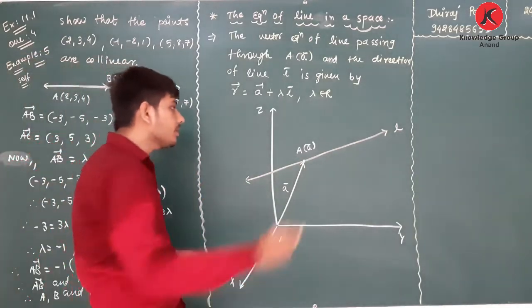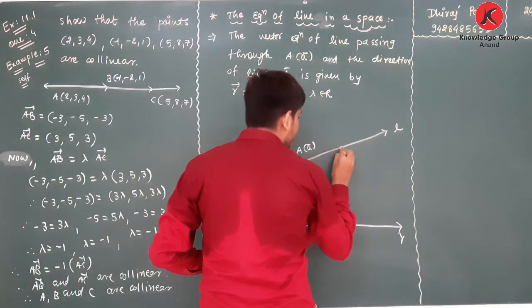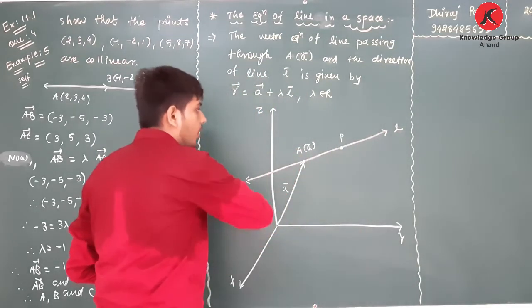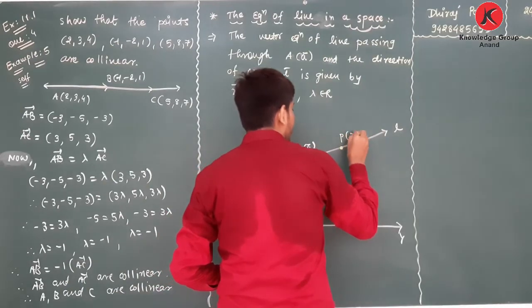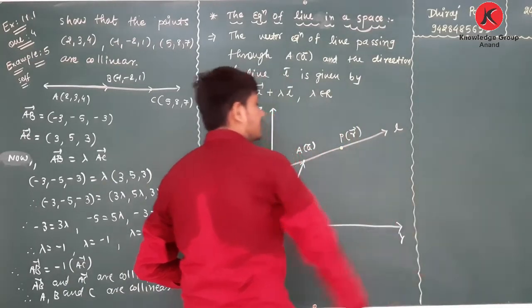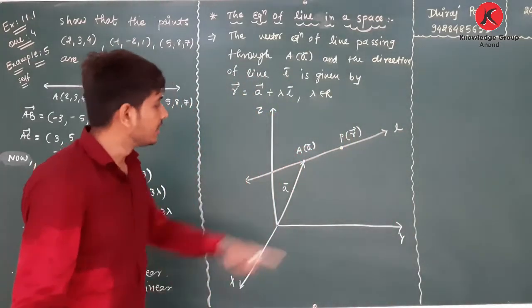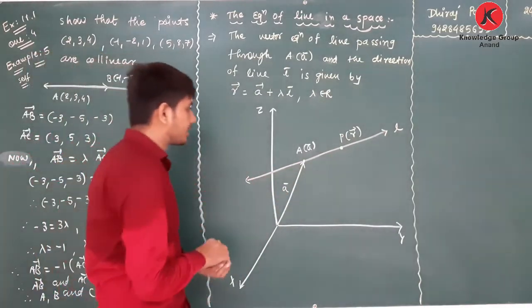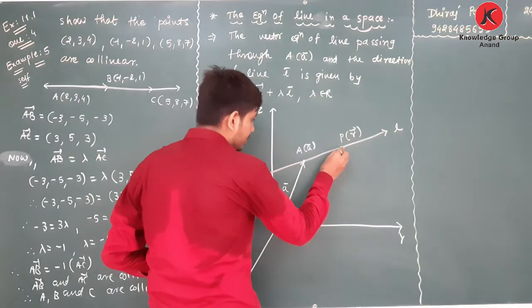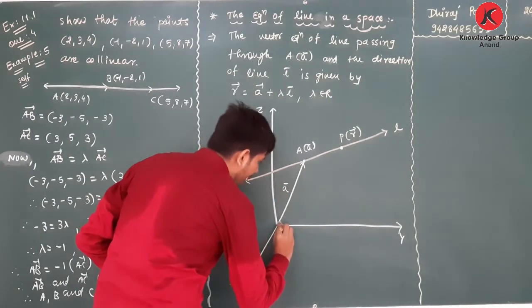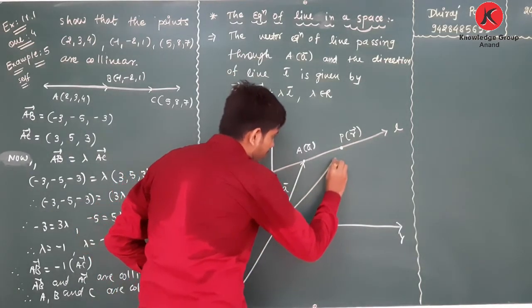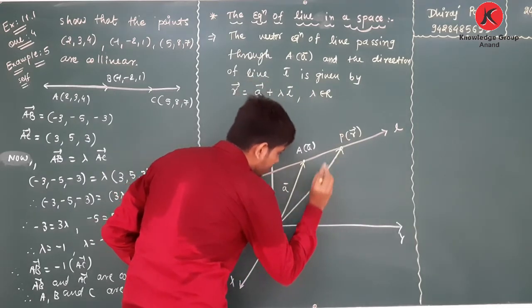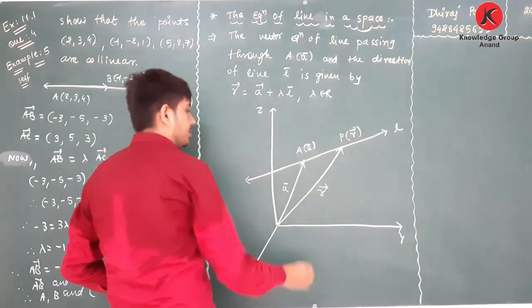Okay. Now, I am taking one variable point on the line which is given by the point P having position vector R bar. Now see here.